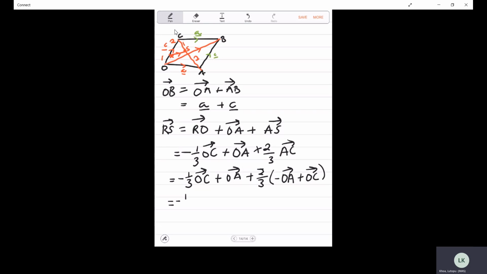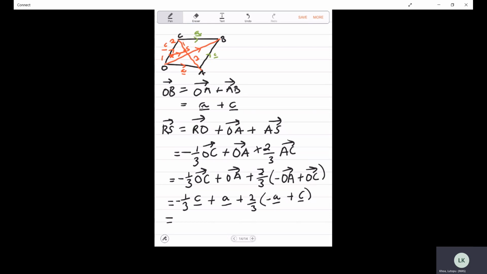It's minus a third of OC, OC we say this is C. Then OA, this is A. And then negative OA, this is minus A. And then OC, that is C.